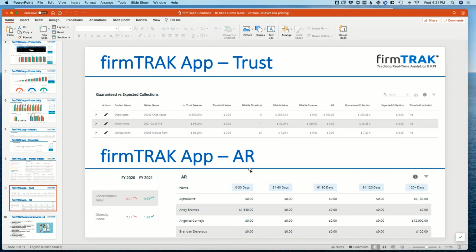One of the items that we have under the accounts receivable is the total amount outstanding compared to the total amount that has been billed and paid. My belief is, and I think firmTRAK's belief is, that each accounts receivable is not the same. So if you have a client that may have paid $50,000 but owes you $5,000, that is a $5,000 accounts receivable that you don't really enjoy.